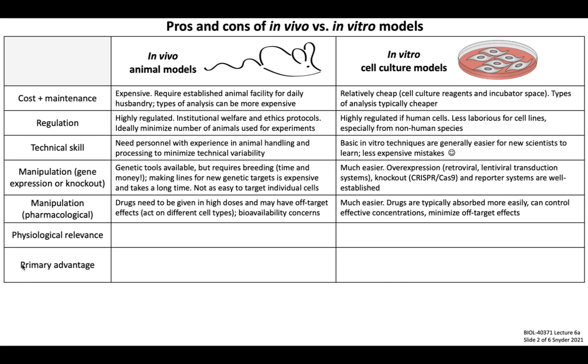Another category of experimental treatment or manipulation are those that are pharmacological, or those that would involve administering drugs to mice or cells. In mice, drug treatments usually need to be administered in high doses in order to get good bioavailability, which means the effective concentration of a given drug that would be needed to actually act on target cells.